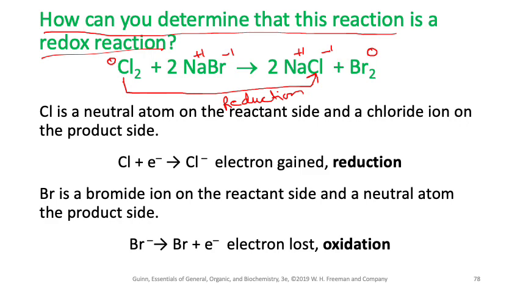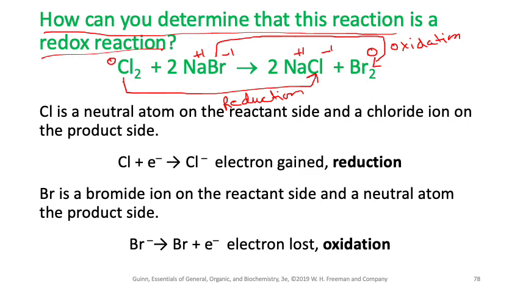But bromine had -1, and after the reaction, bromine has 0 charge. That means bromine gave out or donated 1 electron to somebody else. And who is somebody else? Chlorine, because chlorine got that electron. So this is your oxidation reaction. And the sodium doesn't change any charge, +1, so the sodium is not doing anything.